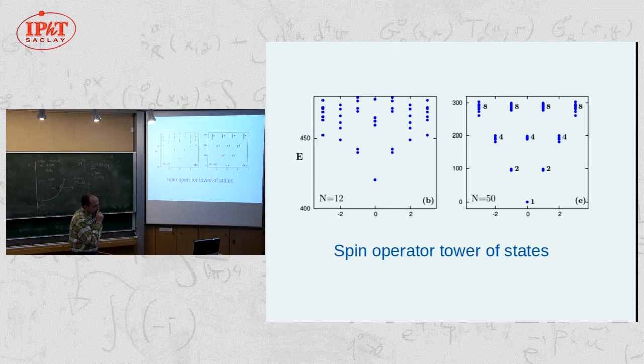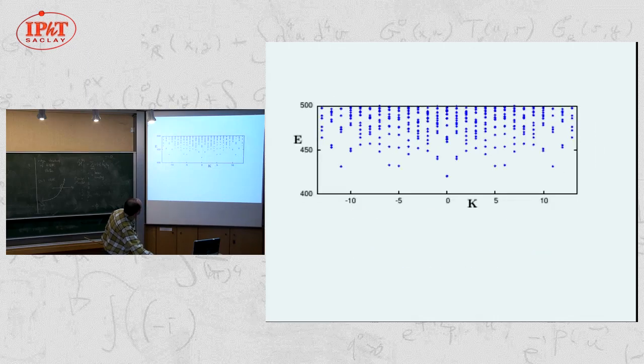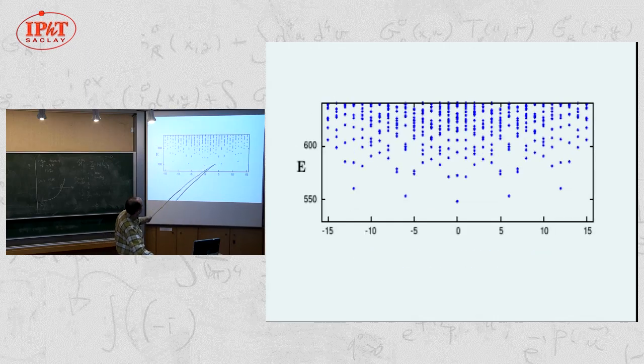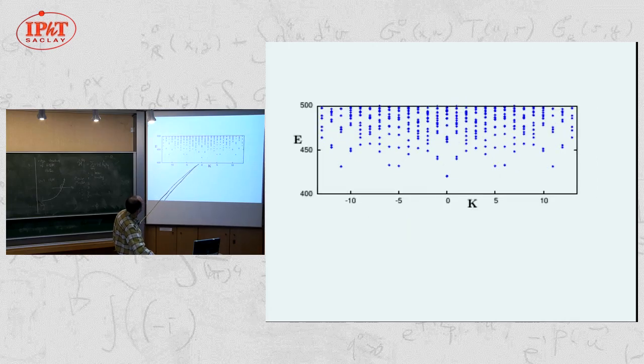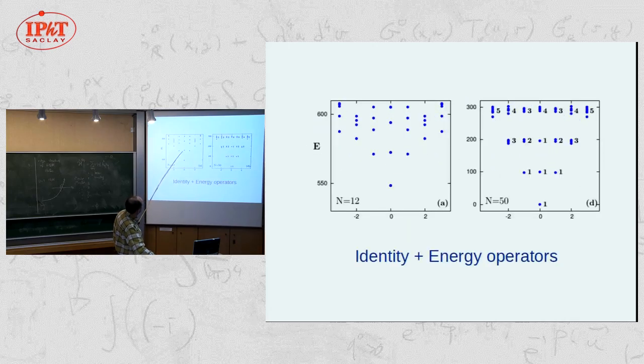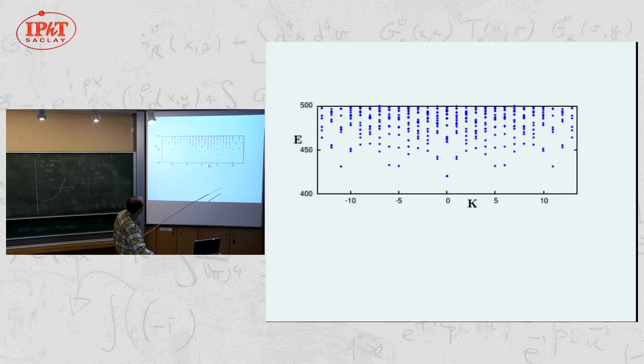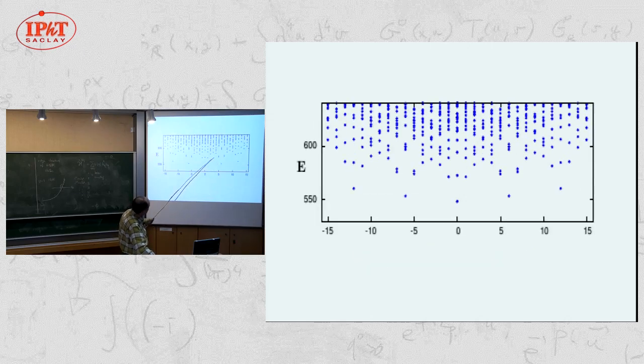As I showed you, in the even number of particles, nevertheless, there are two types of towers. This one, which is described by boson plus energy operator plus, strictly speaking, the identity operator for the Ising fermions. And then there is another tower of states in which you see that there is a missing state right in the middle, and the degeneracy is 2 on each side.